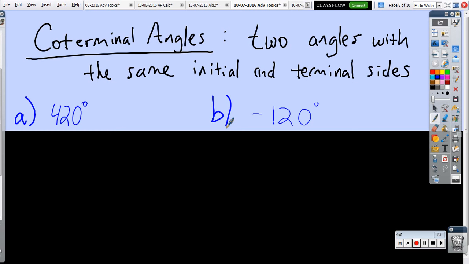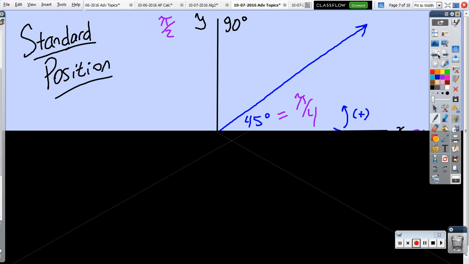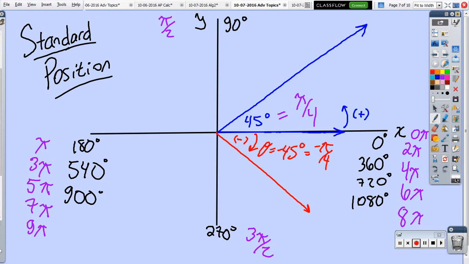Okay, so there's two ways to think about it. If I went back to here, where would a 420 degree angle end up? We go all the way around 360, plus 60 more.